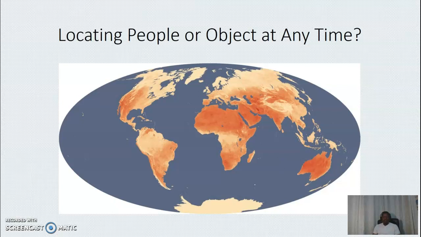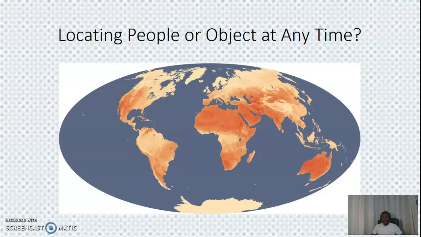Have you ever wondered how you could locate a person or an object at any time? This is a provoking question which many years ago could not be answered, or the answer could be negative.